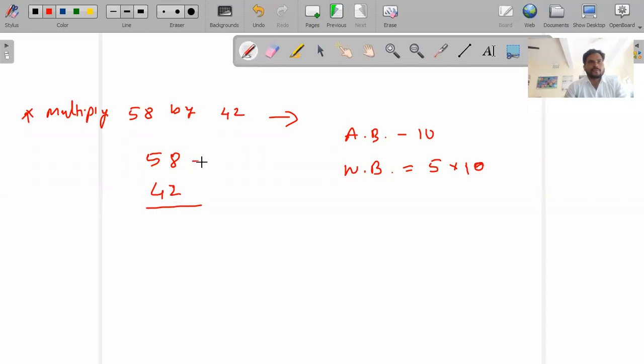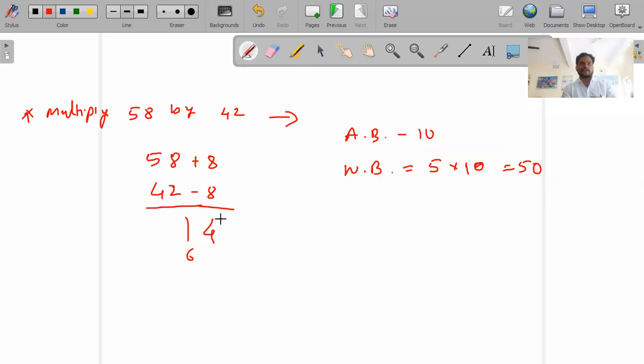Right. So 58: the working base is 50 here, so plus 8 will be there, and minus 8 for 42. Now 8 into 8 is 64. So I have to write 4 here, and 6 will be the carry.